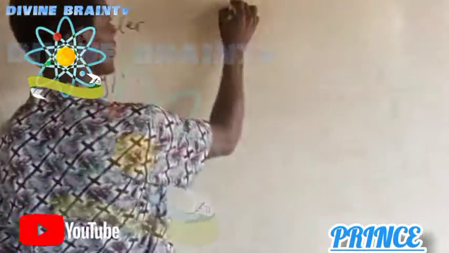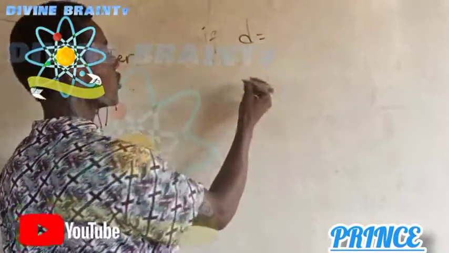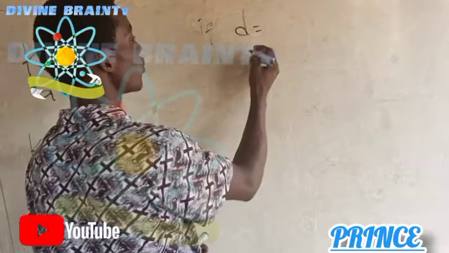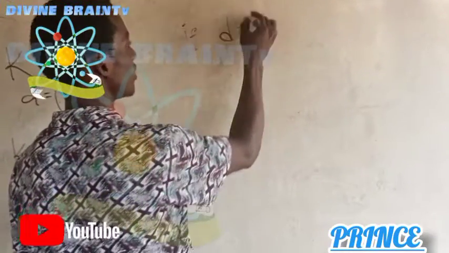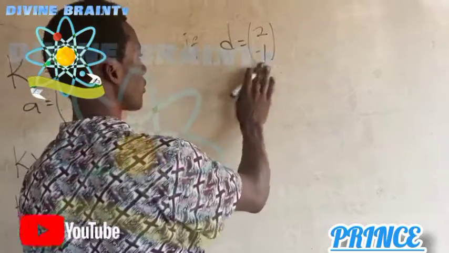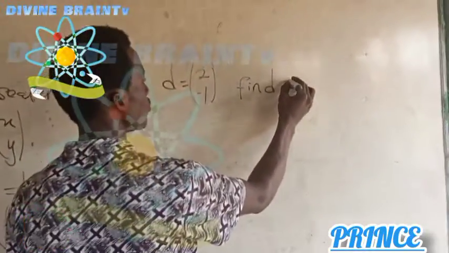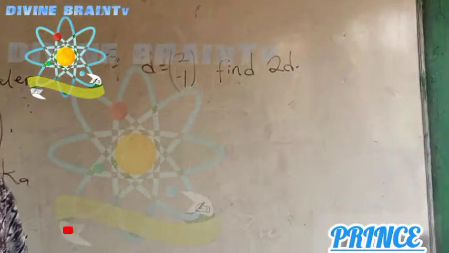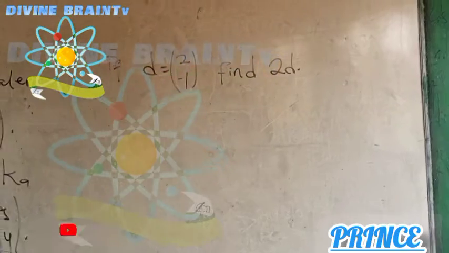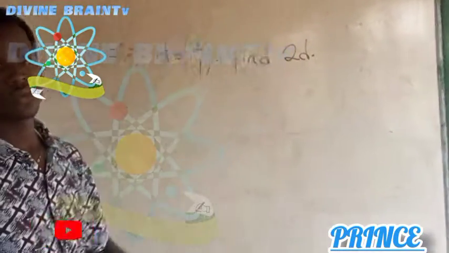This becomes the equation of the example. So if position vector D is equal to, let's say, (2, minus 1), find 2D. It means that we multiply this vector by 2.